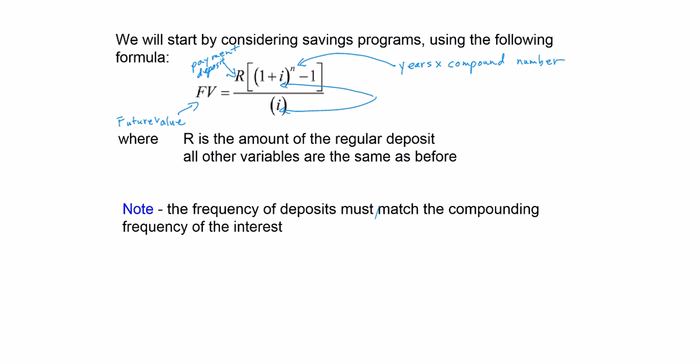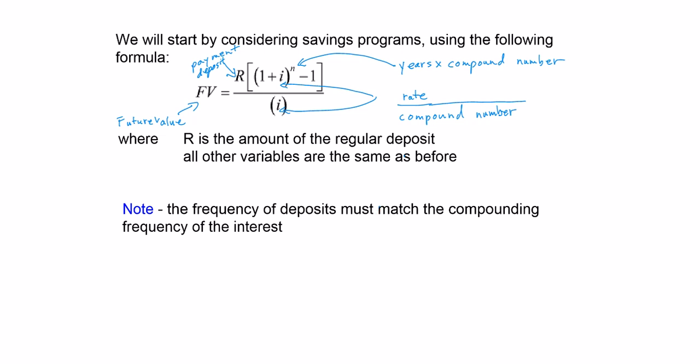Please make sure you're calculating it just like you would have calculated your interest when you were dealing with compound interest. And that was always whatever the rate was divided by the compound number. And basically R is just the amount of the regular deposit for this problem that we're working on today.